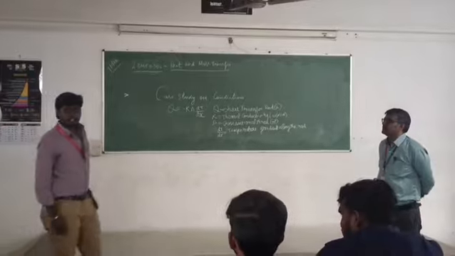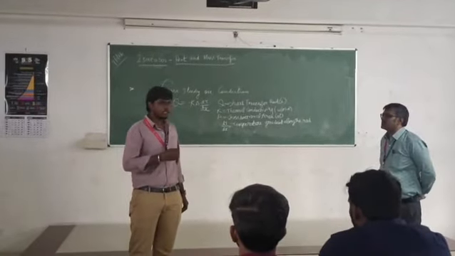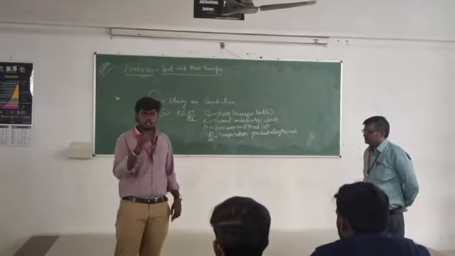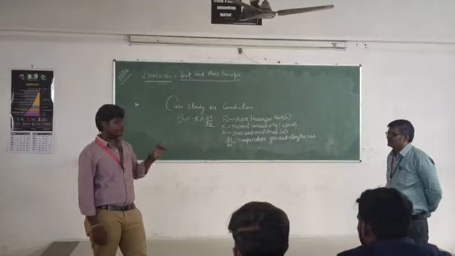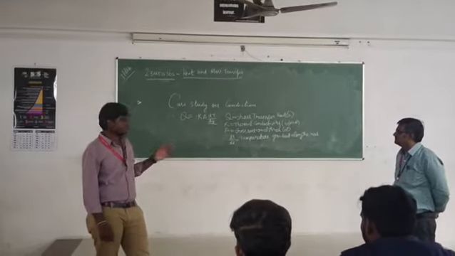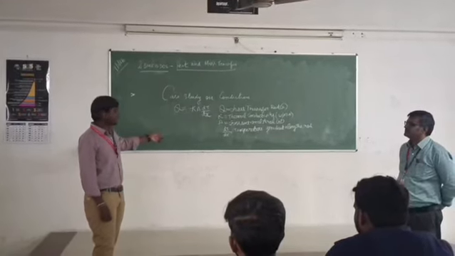Last time I explained how the heat transfers in a circular solid rod using Fourier's series of conduction, and we have written the formula Q is equal to minus kA dT by dx.